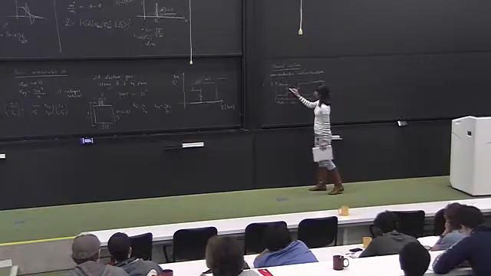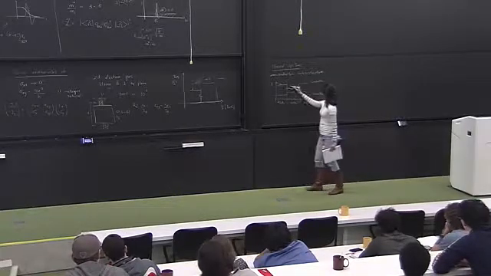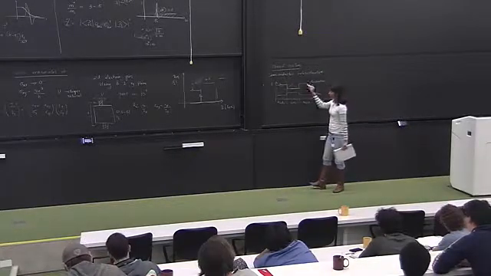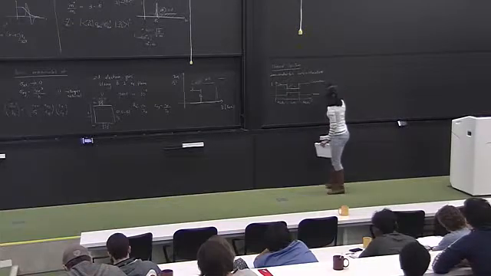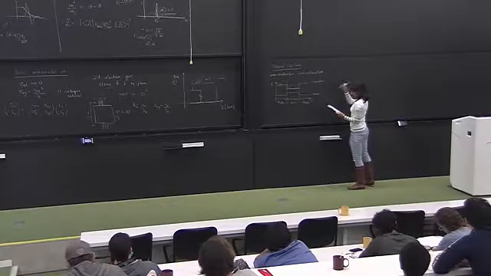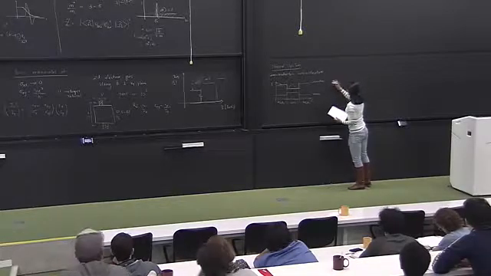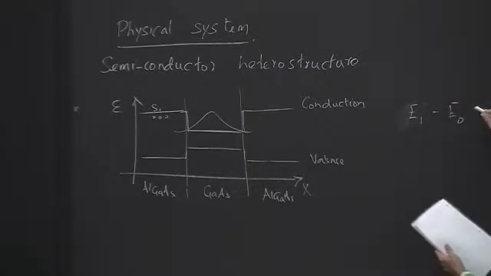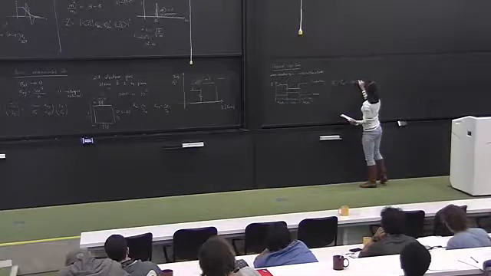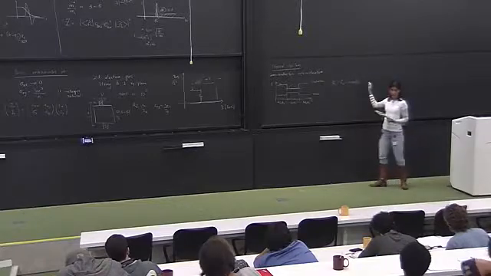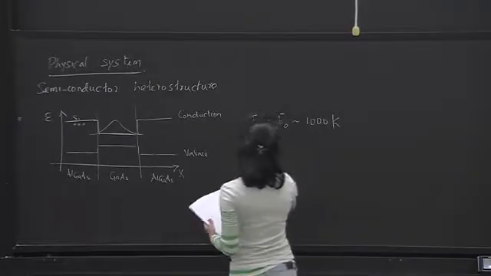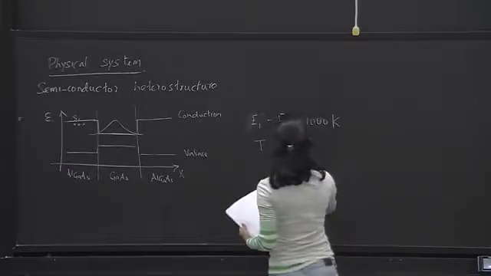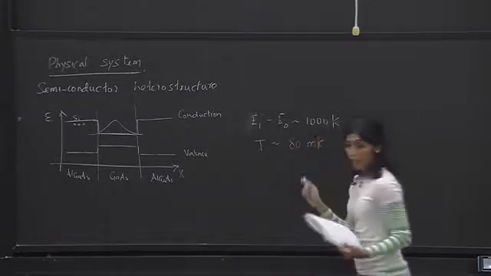Well, you notice that this is kind of like a particle in a well, right? So I can solve the quantum mechanical problem in this direction, and I find that the spacing between adjacent levels, so E excited minus E ground state in the x direction, is roughly 1,000 Kelvin. Versus the experiments that are done at cryogenic temperatures of, if you look in that data, I think it's like 80 millikelvin, something like that.